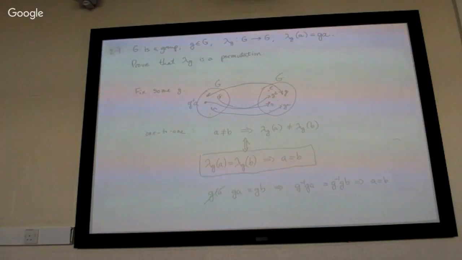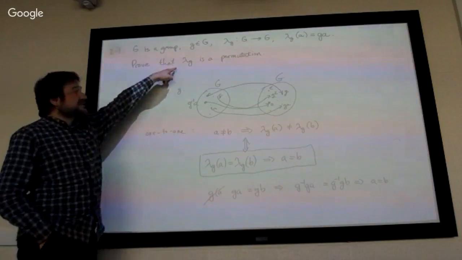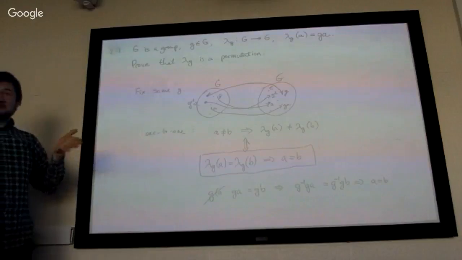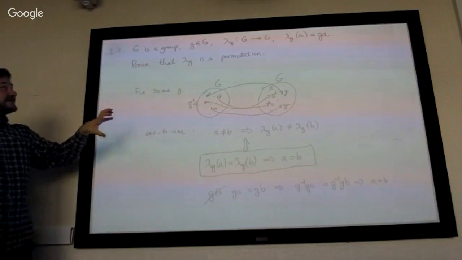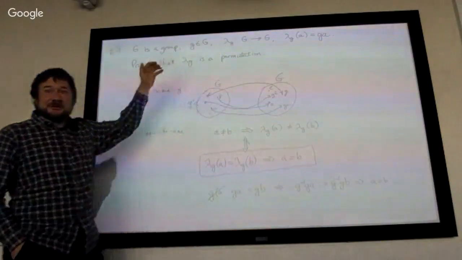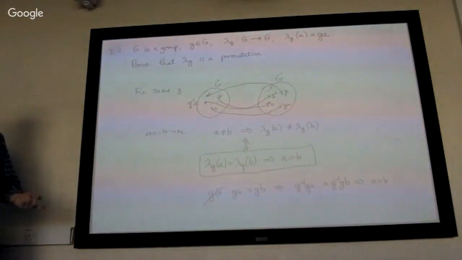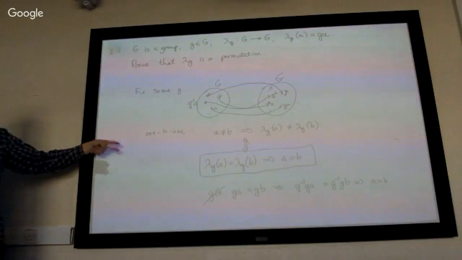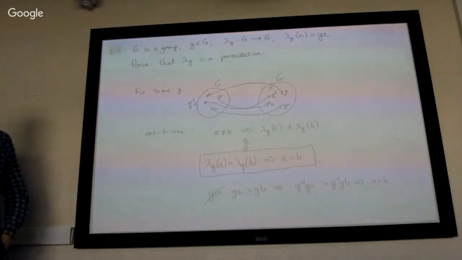No, I mean, the question is not vague. The question is just missing the bit of information that g is in G. Yes, that should be there. That is right. But other than that, I don't think it's vague, because it tells you to prove that lambda g is a permutation. So what is a permutation? A permutation is defined as a bijection from a set to itself. So the set is the set of elements of the group G. And you just have to prove that it's bijective, and that's these two things, one-to-one and onto.